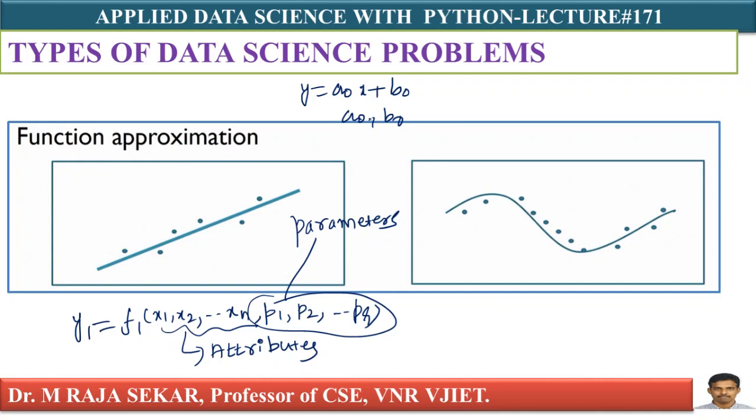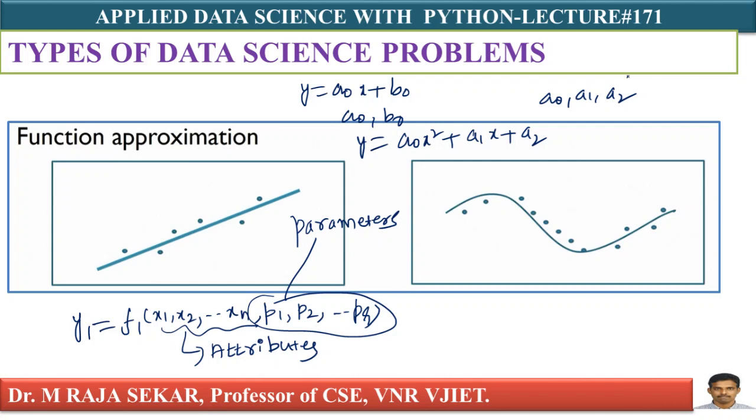If you assume it is a quadratic function of the form y equals a naught x squared plus a1 x plus a2, the function form is quadratic and there are 3 parameters: a naught, a1, a2. So when you do function approximation, we have to figure out both the function and the parameters.